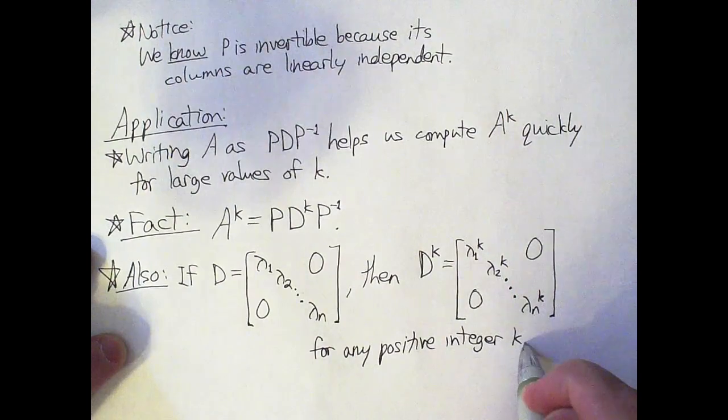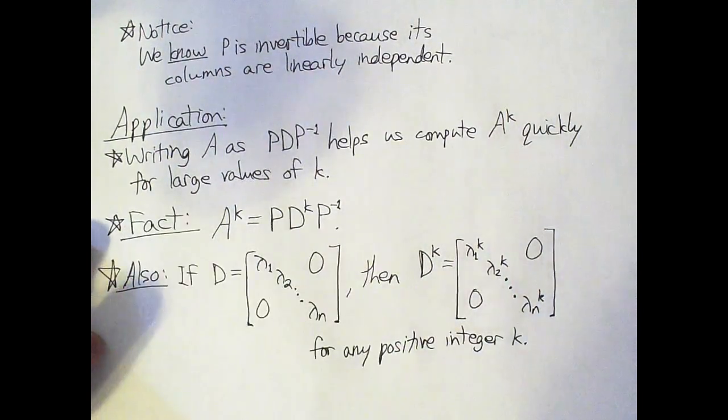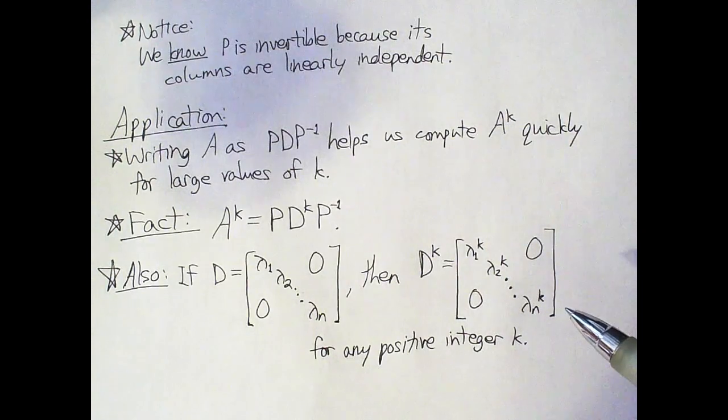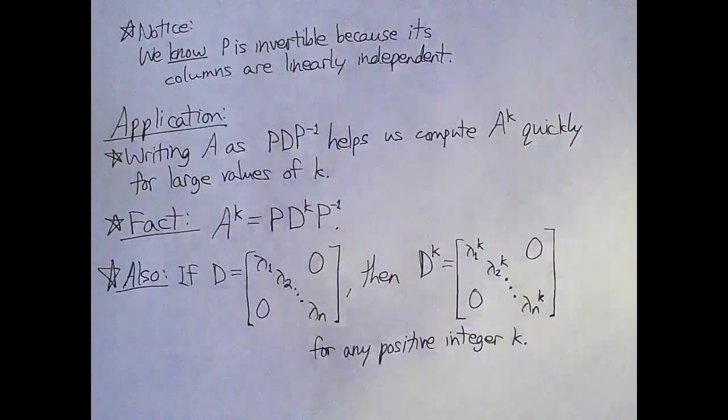That's really what we're interested in, because I said that we're interested in large values of k. So yeah, I'll show you an example. But I hope that you appreciate that doing this D to the k by this fact is a lot easier than multiplying a matrix times itself a bunch of times.